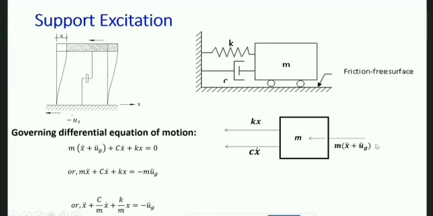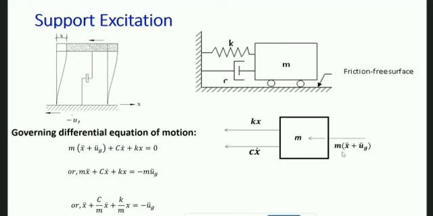And as the D'Alembert's force, the total acceleration of the mass is x double dot plus ug double dot. The relative acceleration is x double dot, but the total acceleration is the relative acceleration of the mass plus the acceleration of the ground. So the D'Alembert's force, or the pseudo force, which we apply, will be equal to m into x double dot plus ug double dot.